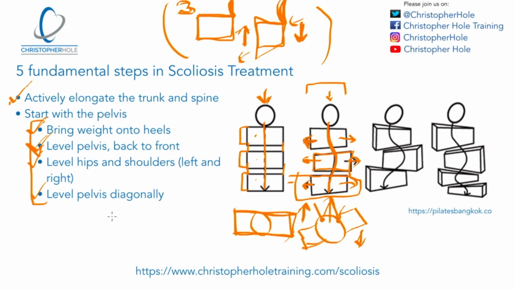When we're talking about number 4, this was bringing your hips and shoulders into line from right to left or left to right. And then finally, number 5, which was this diagram down here, which is level the pelvis diagonally. So if you've got a rotation of the pelvis from left to right, you bring the left forward and the right back, or if it's the other way around, you obviously bring the right forward and the left back.